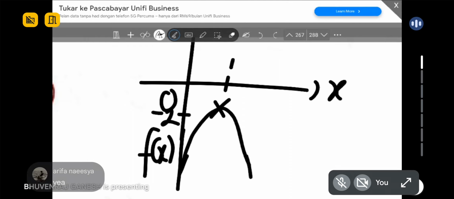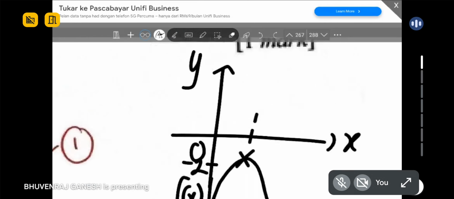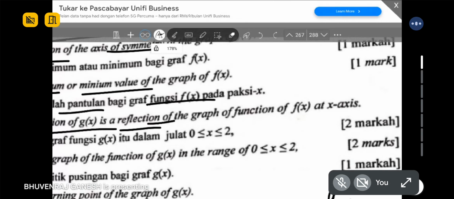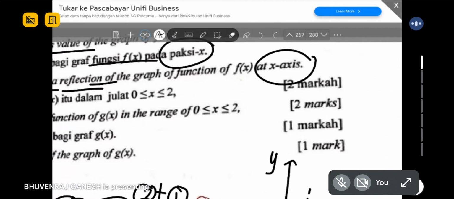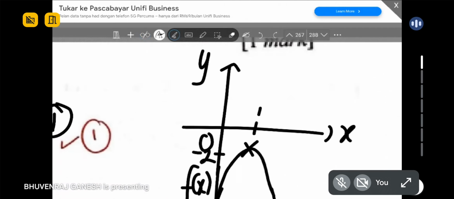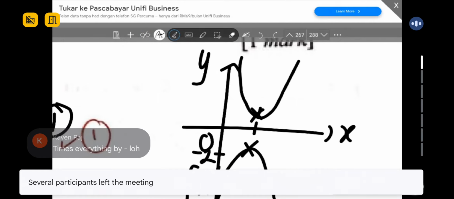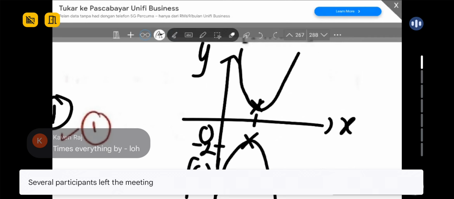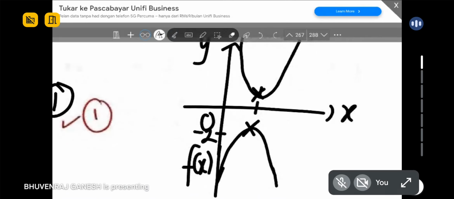Contoh. Now you guys must reflect on the x-axis based on the question. Pantulan pada paksi x. So your graph will basically terbalik, guys. Can you guys imagine it? It's like a mirror, cermin, terbalik. So basically your A value and C value will change.